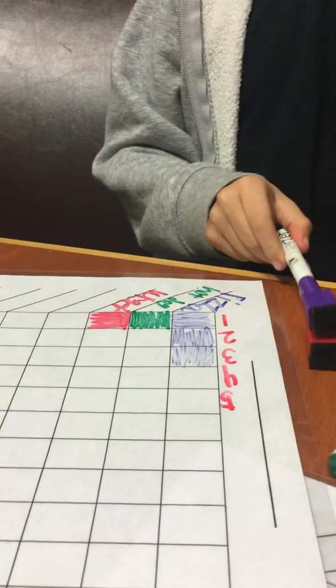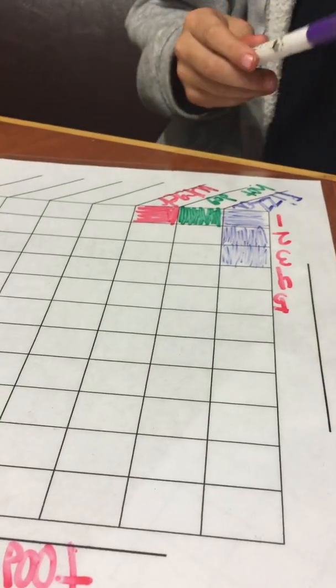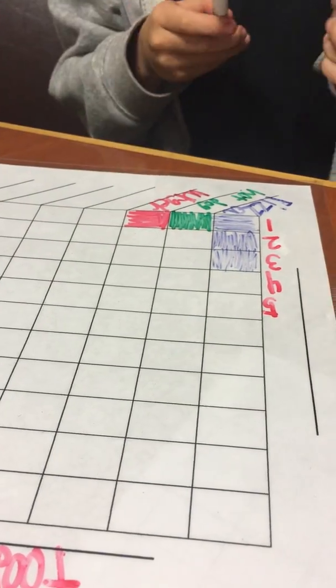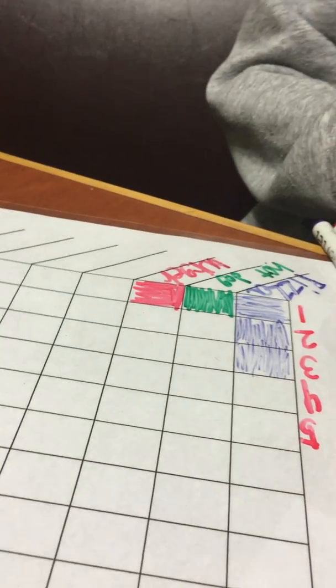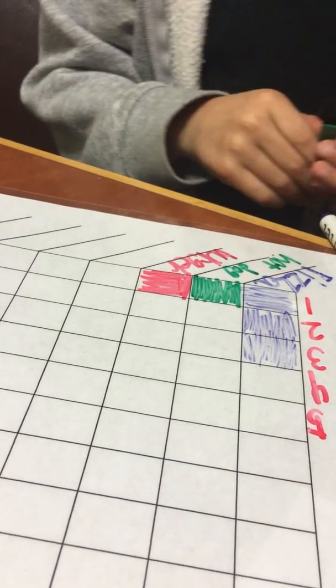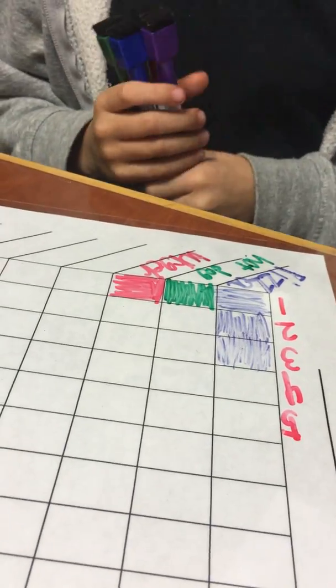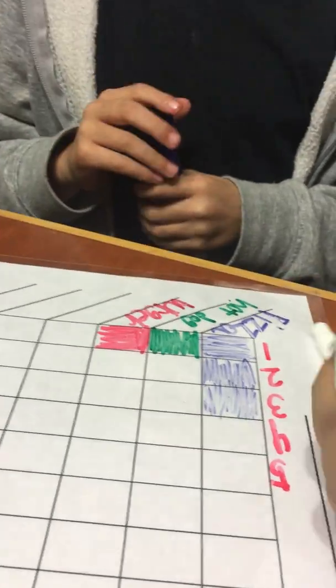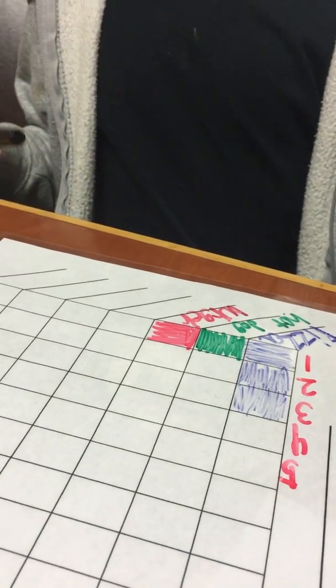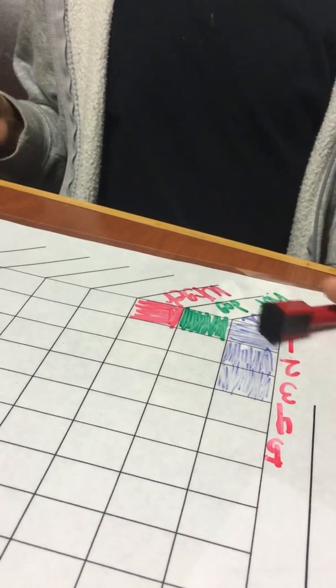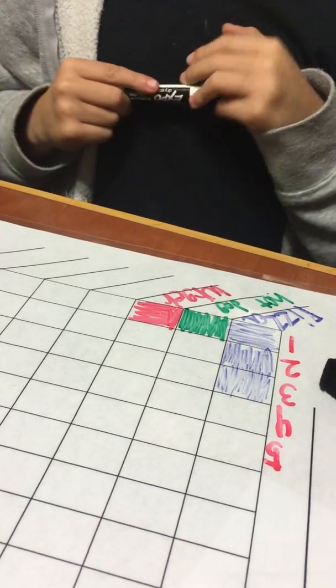So based off your graph, which one is a favorite food? Pizza. So if I was to ask you the difference between the pizza votes and the hot dog votes, what would it be? The difference between hot dog and pizza.